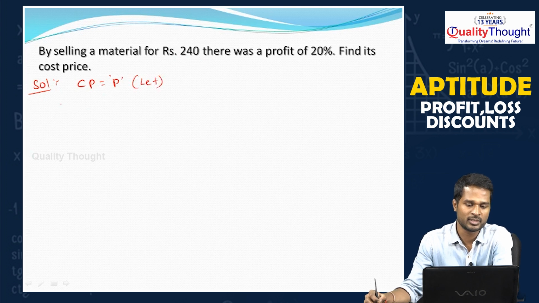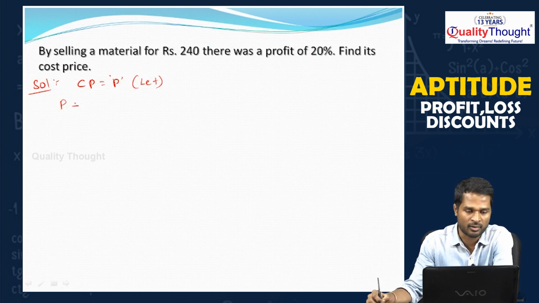He sold it with a profit of 20% on P. So, cost price plus 20% of the cost price, that is why we used a plus symbol, is equal to 240, the selling price. So, P plus 20% of P is equal to 240. This is how he sold.